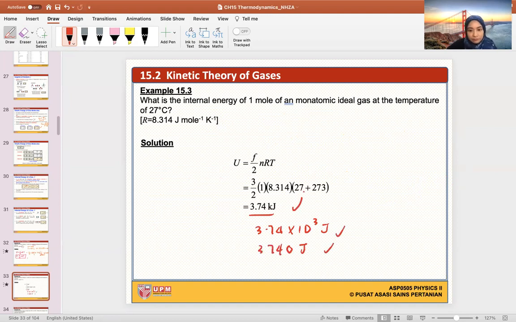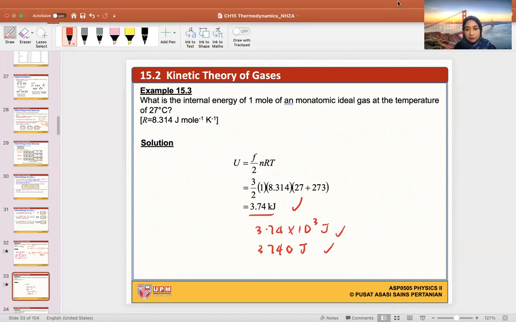All are correct. You can give me whatever form as long as it is correct. You can give me kilojoules as well. That is very easy, just using U.